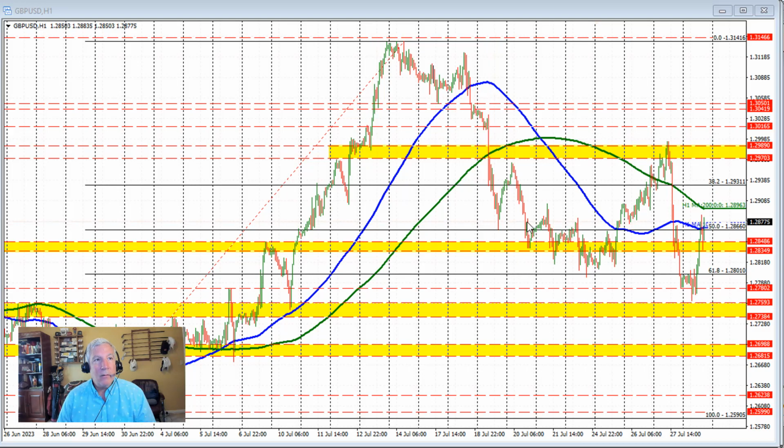From there the price found resistance sellers here, forcing the price to the downside, and it was this week, in fact yesterday, where the price traded above this swing area, but only briefly, and the market then rotated back to the downside. So let's consider this area the resistance, and we successfully tested that and rotated back to the downside.